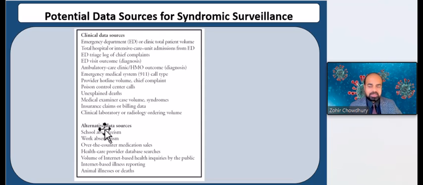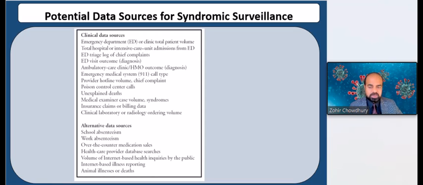However, in practice, certain syndromic surveillance systems collect surrogate data indicating early illness, such as school absenteeism or work absenteeism, or over-the-counter medication sales that would be indicative of a specific health problem out there. And by looking at that specific data set, you'll be able to understand what's going on.